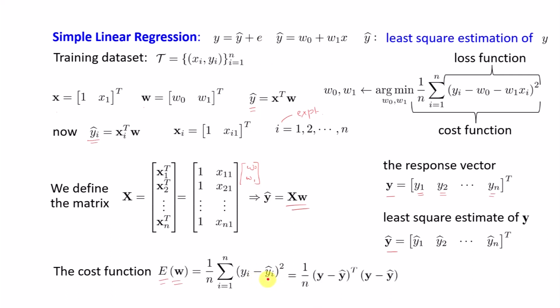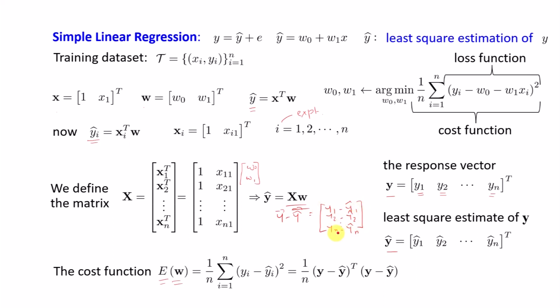Now what I can write here is that this whole square, when I sum it up, means that if I have a vector y minus y hat, its elements will be y1 minus y hat 1, y2 minus y hat 2, etc., up to yn minus y hat n.